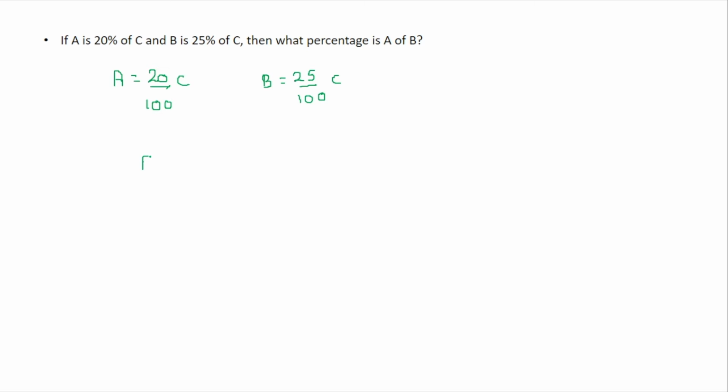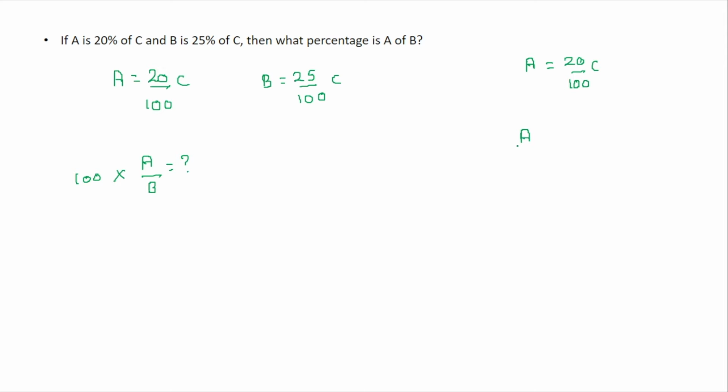So you have to simplify the ratio A by B, and to get the percentage, you multiply it by 100. You know this value and this value. A equals 20 by 100 of C, because it is said that A is 20% of C. You have to keep alphabets in one place and numbers in another place.